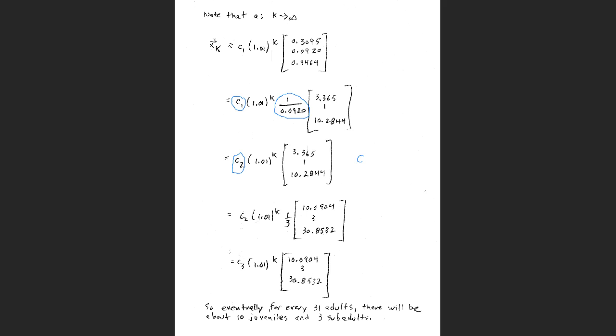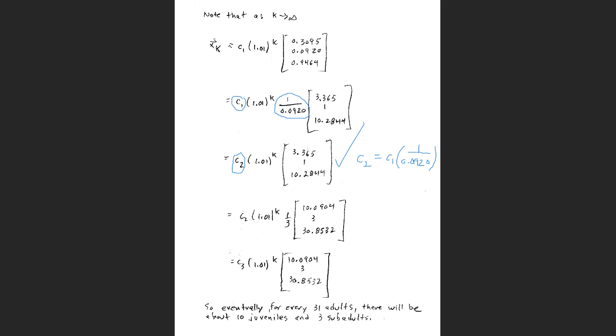In other words, C2 is equal to C1 times 1 over 0.0920. And it just makes the formula a little nicer.